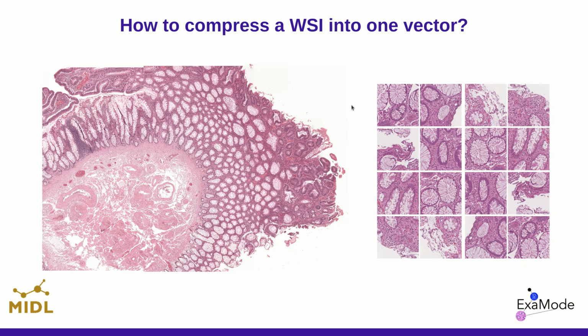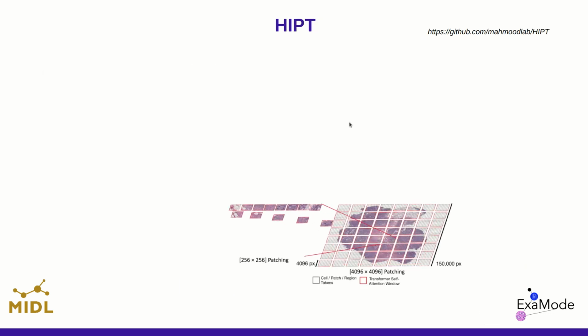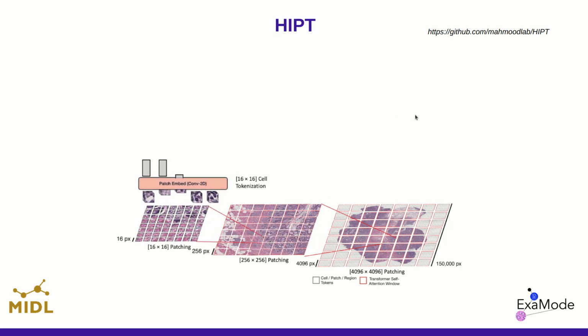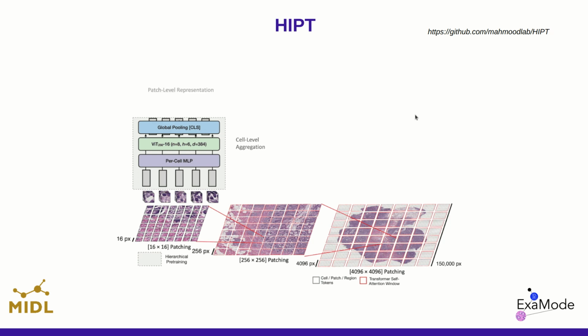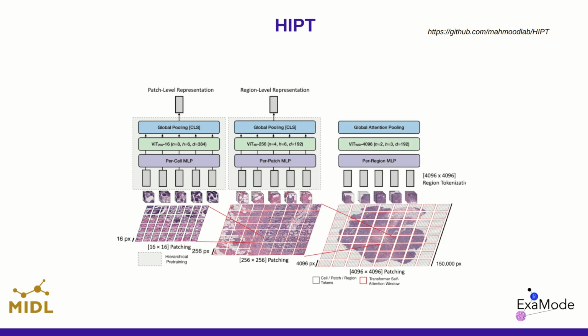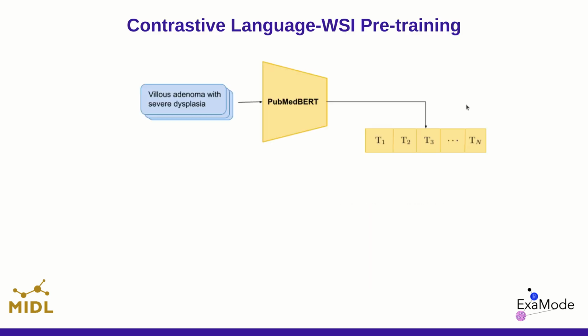So what we need is one vector representing a gigapixel whole slide image. For that, we choose a pre-trained hierarchical pyramid transformer. The authors of this model pre-trained it on the TCGA dataset, which is a cancer genome atlas containing roughly 11,000 whole slide images for 30 cancer types.